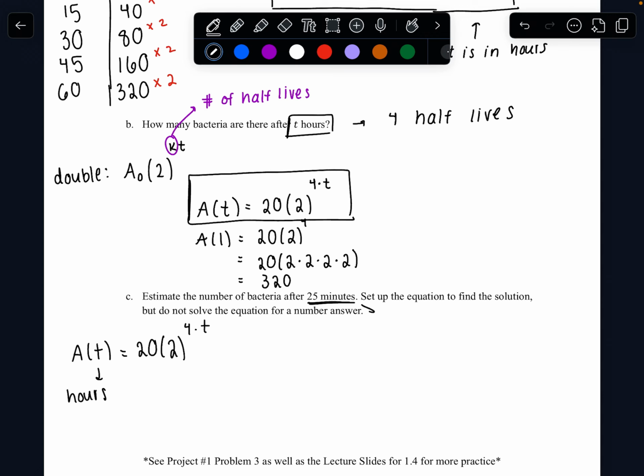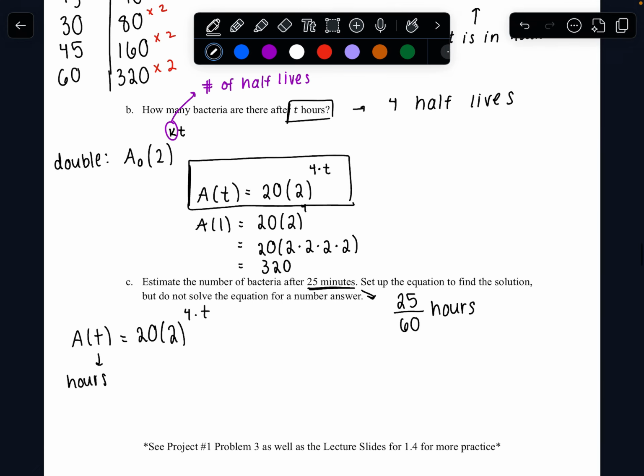So we need to convert 25 minutes into hours. How do we do that? Well, how many minutes are in an hour? 60. So this will give me my hours. Now I can plug that in. So really I want the amount after 25 over 60. So I just plug that right in.